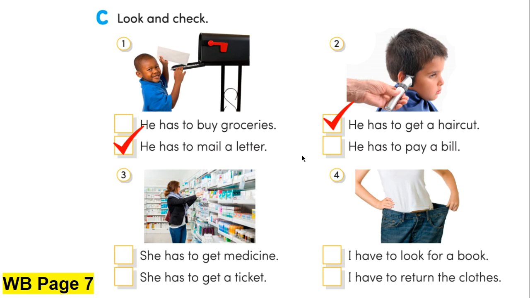The first sentence, he has to get a haircut. Number 3, the first sentence, he has to get medicine. And number 4, the second sentence, I have to return my clothes. Very good.